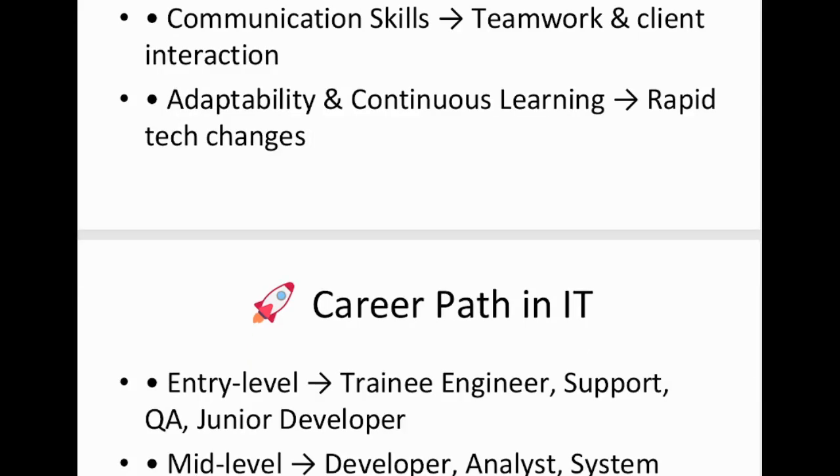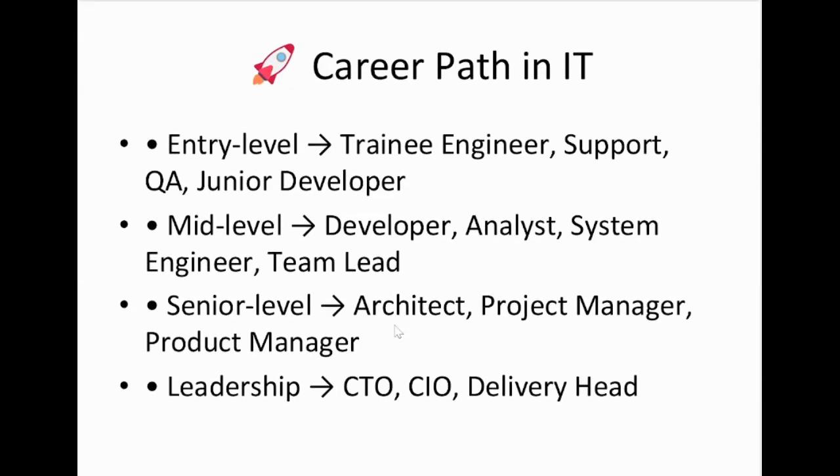Career path in IT, you can see first is the entry level. At entry level, you can get an opportunity as trainee engineer, support engineer, QA engineer, or junior developer. Mid level is developer, analyst, system engineer, or team lead.